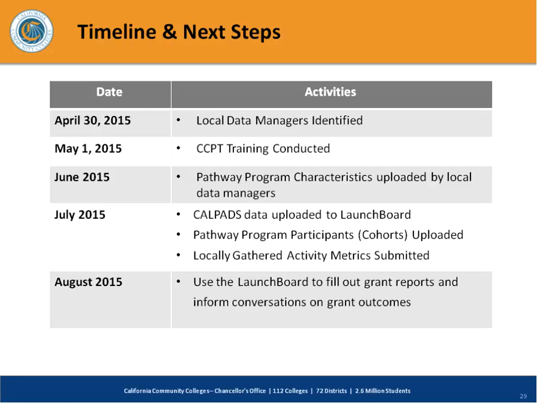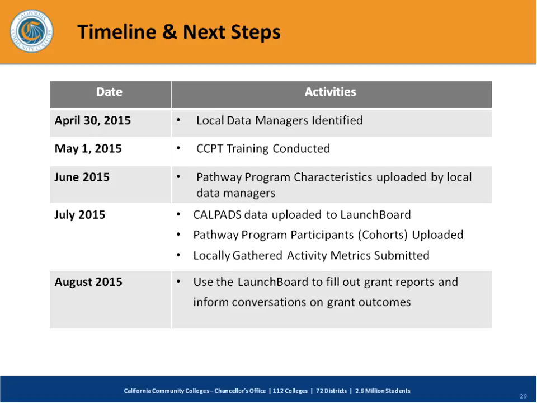Then we'll have a training on May 1st where all those folks will be walked through this in great detail, introduced to the guide and other resources that we have to support them. And then what we recommend is that by June, you really need to have those pathway program characteristics uploaded by the local data managers. By July, you need to get that CalPADS data file uploaded into the LaunchBoard through CalPADS Plus.